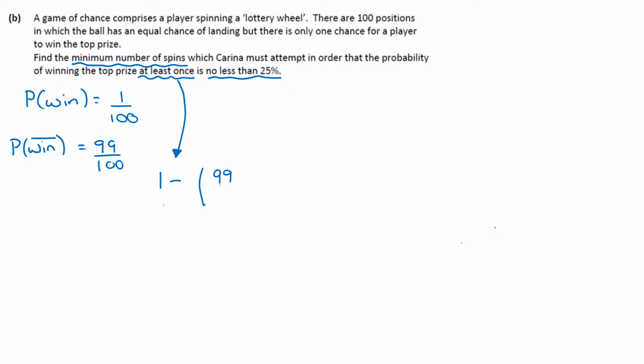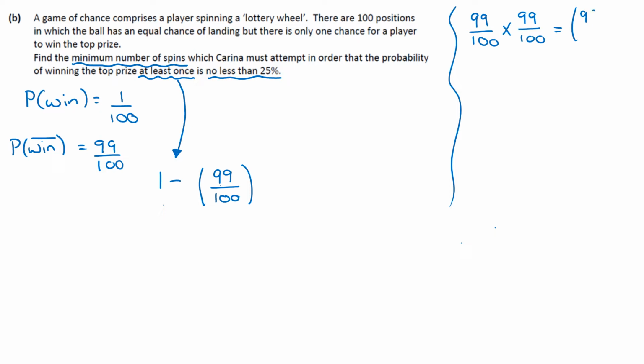But it's not just one spin, it's some number of spins. So let's do a little bit of work here. If I lose on the first one, that's 99 over 100. If I spin a second time, it's going to be 99 over 100 as well, and that simplifies to 99 over 100 squared.